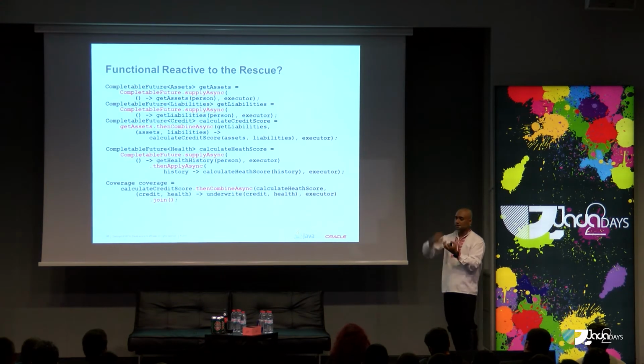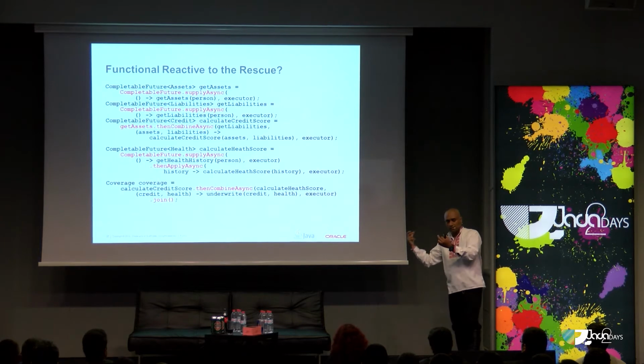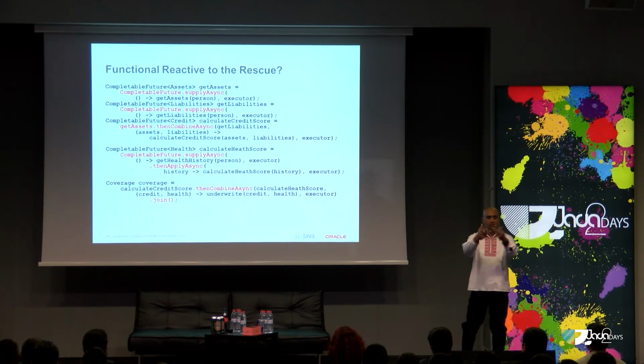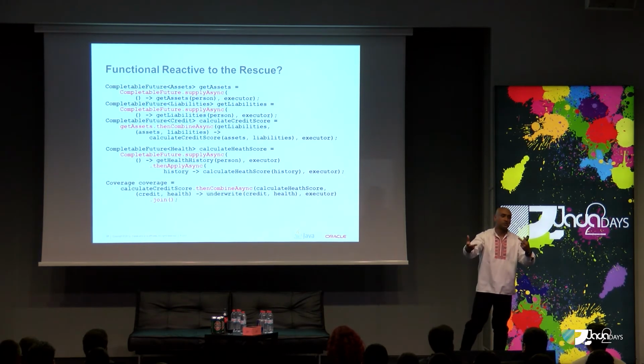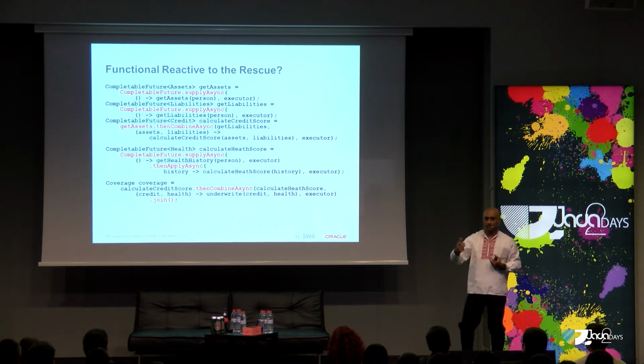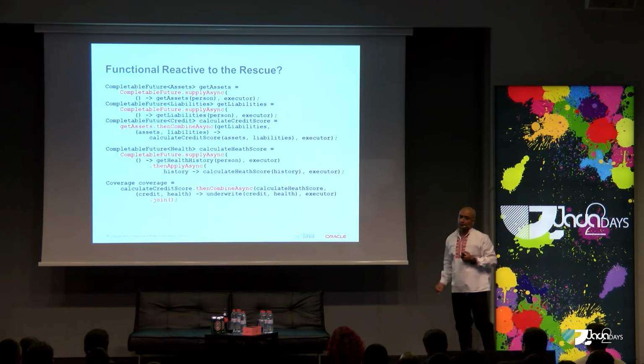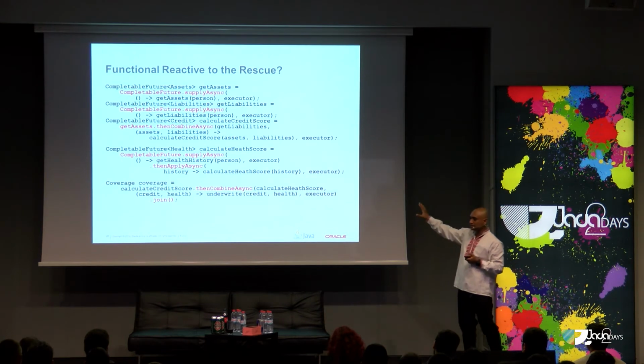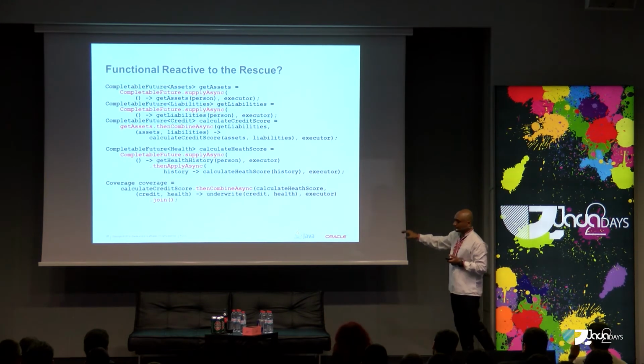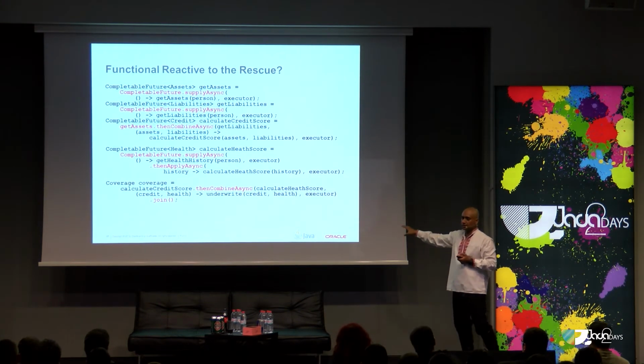Beyond that, they are also composable, which means that you can take one completable future and another completable future and say that these two are related to each other in some way. A simple example would be to execute this completable future after this one is done. And they're also functional. All of these can handle lambdas. As you can see, each of these are actually lambda expressions.